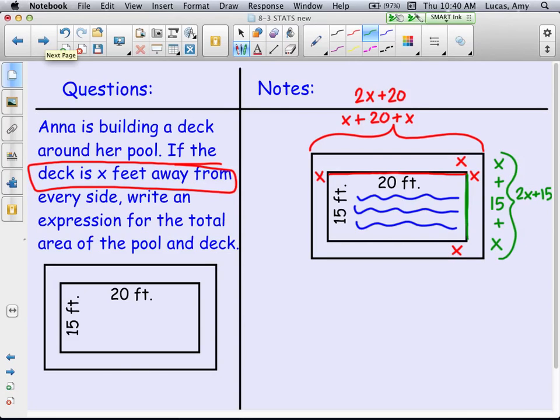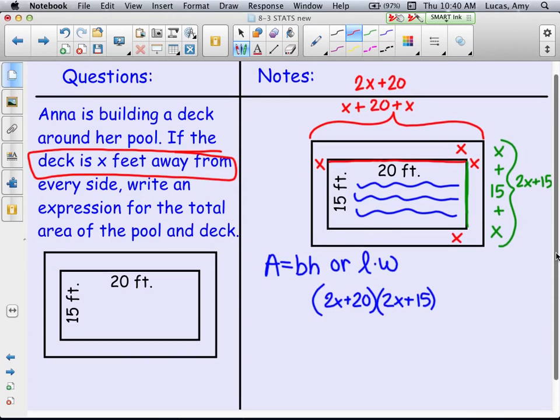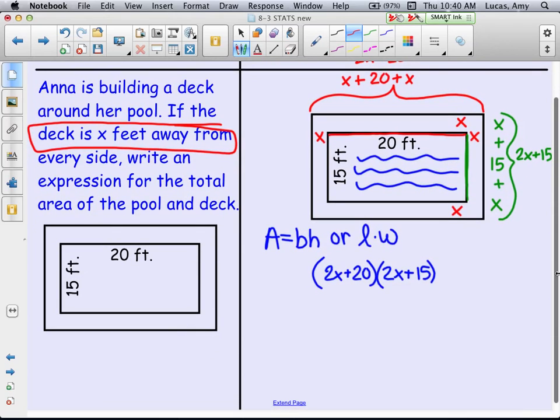So I am going to take that information and multiply it to get the area. The area of a rectangle is base times height, or length times width. So my new length is 2x plus 20, and my new width is 2x plus 15. I just need to FOIL it, and then I'll have the area of the pool and the deck. So first, I have 2x times 2x, so 4x squared.